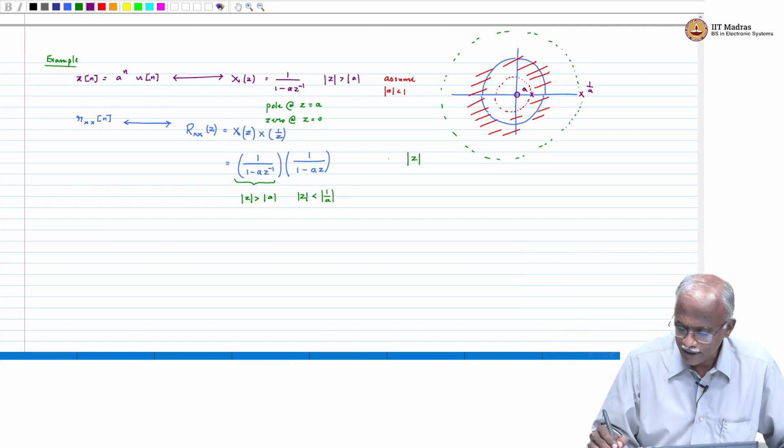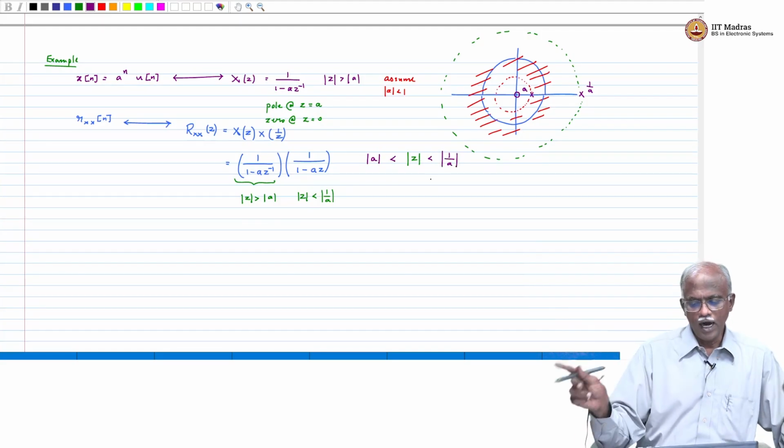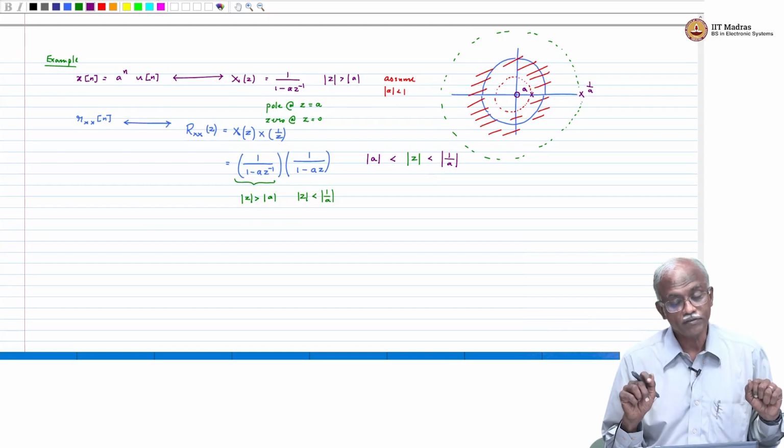So mod a is less than mod z, which is less than 1 over mod a. That is the ROC for the autocorrelation function.